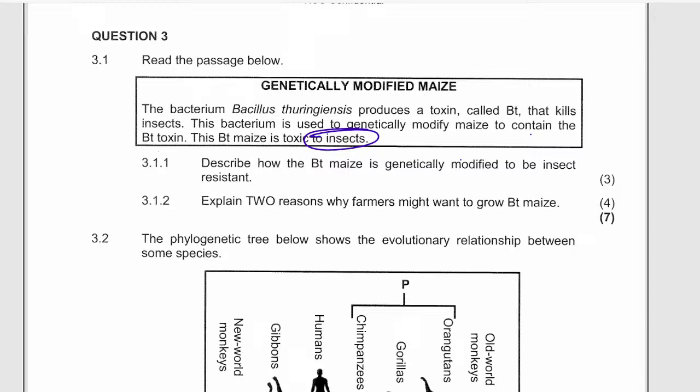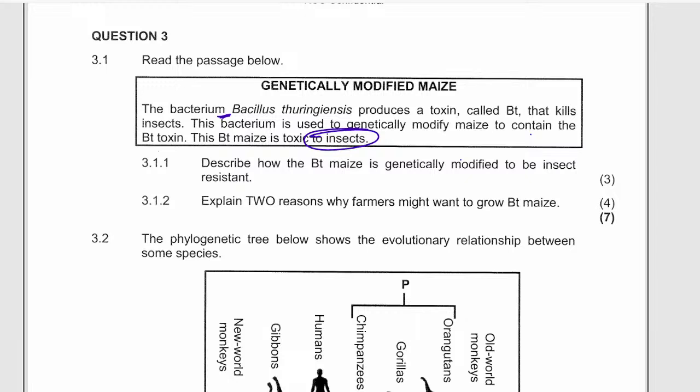Basically, what they do is they get the gene from the bacteria, then they insert it in the maize. So that now the maize starts to produce this toxin, and then it is able to fight against insects. For example, you can say that a Bt gene from the bacterium Bacillus is inserted into a maize genome using genetic engineering.